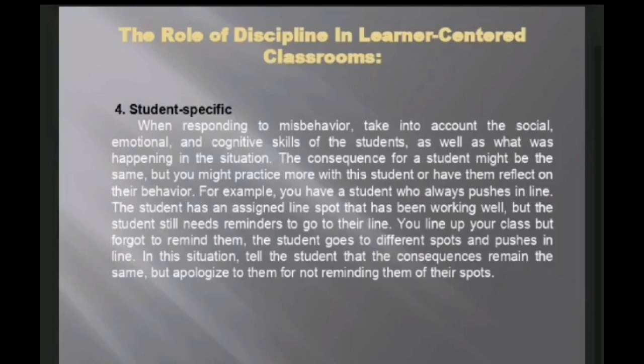The student has an assigned line spot that has been working well, but the student still needs reminders to go to their line. You need to line up your class but forget to remind them. The student goes to a different spot and pushes in line. In this situation, tell the student that the consequences remain the same, but apologize to them for not reminding them of their spots.